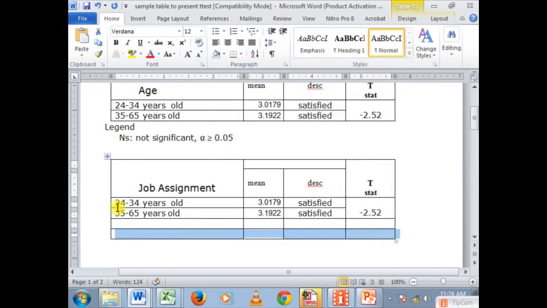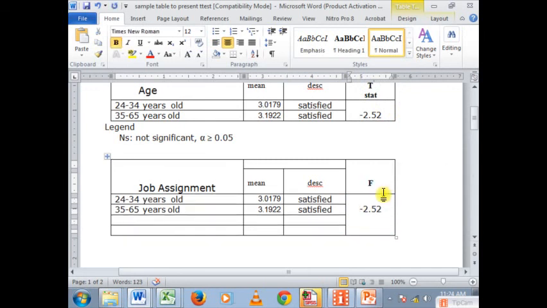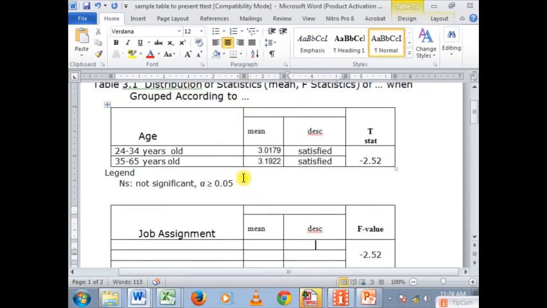So you can still put the mean here, then you can just merge your cell. Then here, you put an F. So here you can put the categories. Right? You put your mean, you put your description. So you still have this. You can still use this.